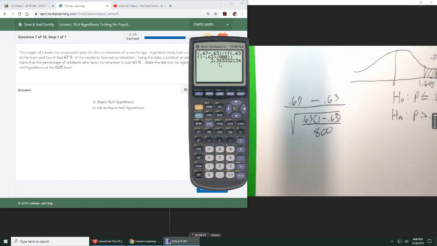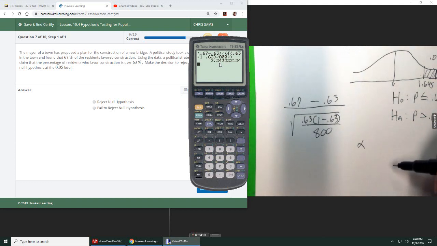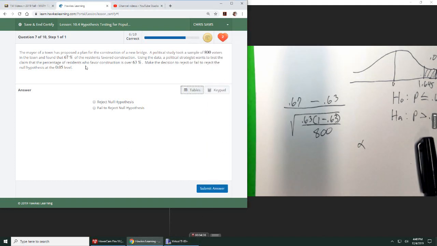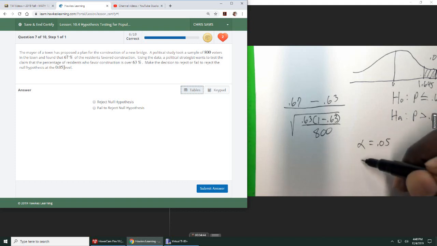Now in the textbook, they also just allow you to compare this confidence level. Let me move this calculator. So alpha is 0.05. And what we're going to do is compare p, our p-value, to this alpha.